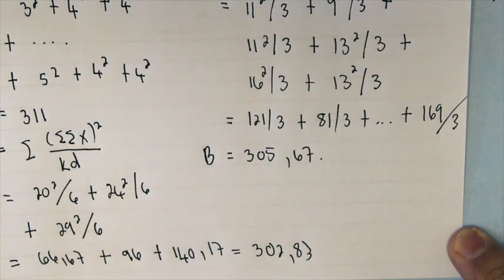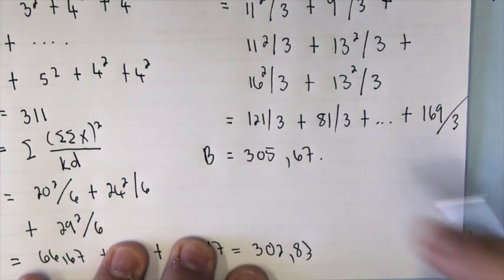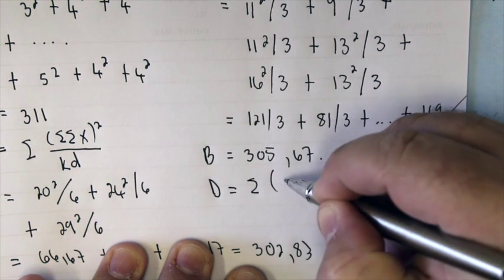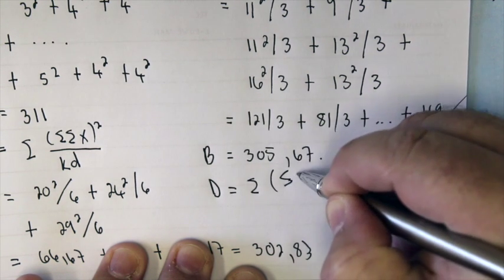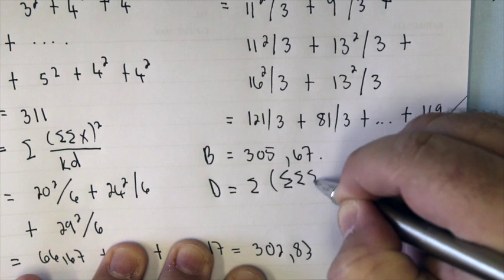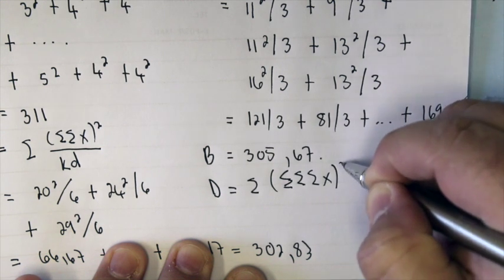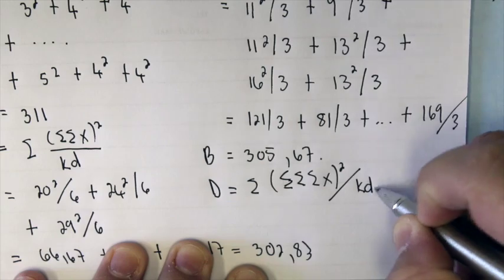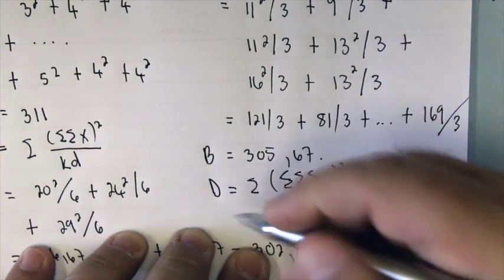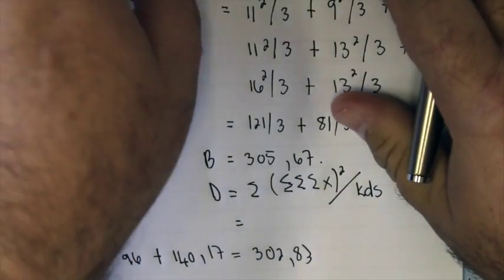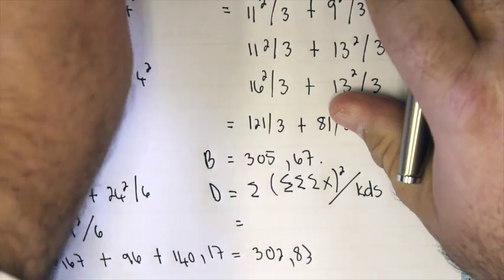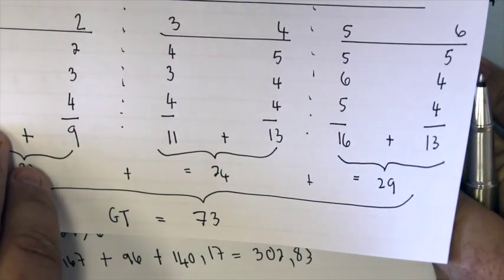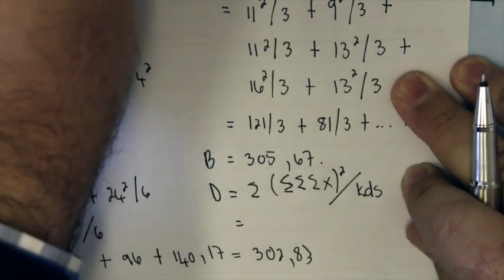And D is extremely straightforward because D is just the sum of the sum of x to the power 2 divided by k d s. So in our case, that would be the grand total, which is 73.